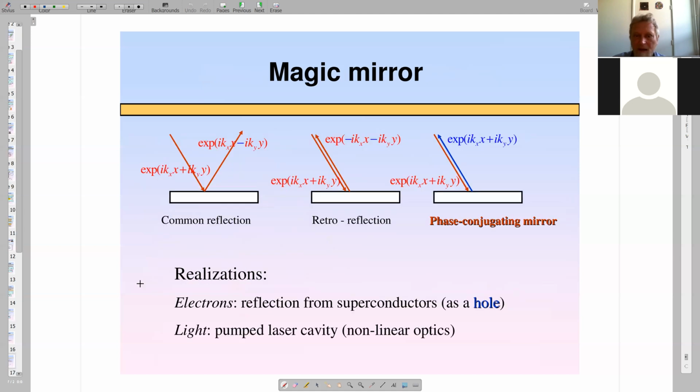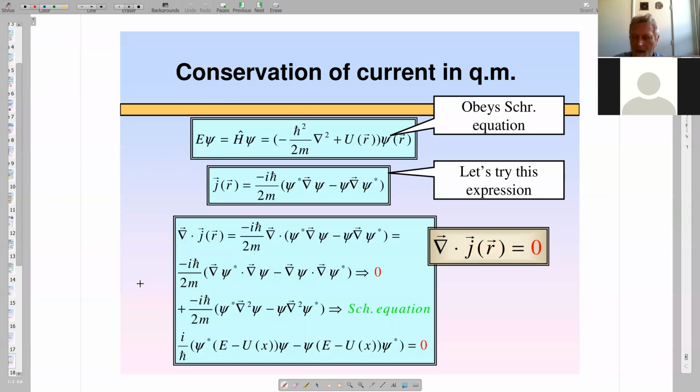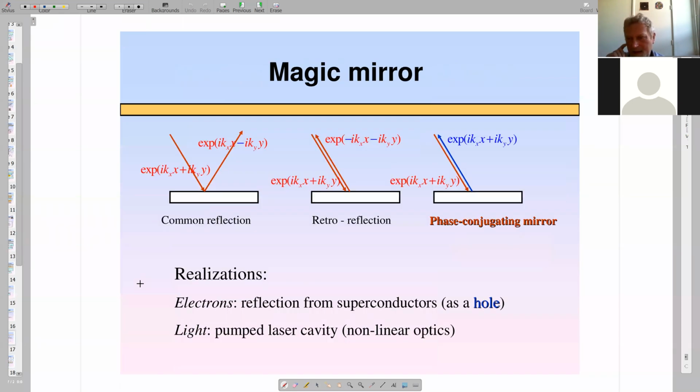Shall I discuss the magic mirror first? Okay, let me say a couple of words about the magic mirror and how it can be visualized in quantum transport and real life. Let us first consider common reflection.